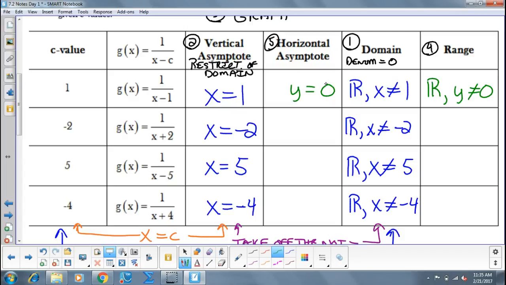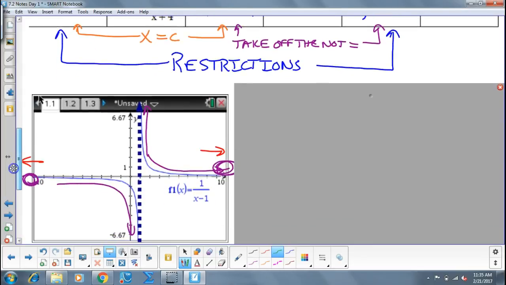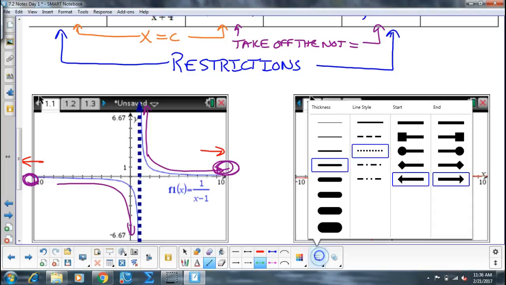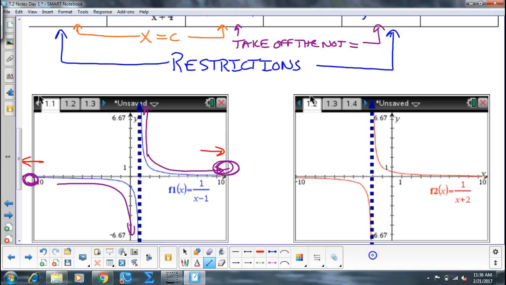In number 2, or in the second one, I should say, there's my graph. I know that I have a vertical asymptote at -2. What's my range? What do you got?